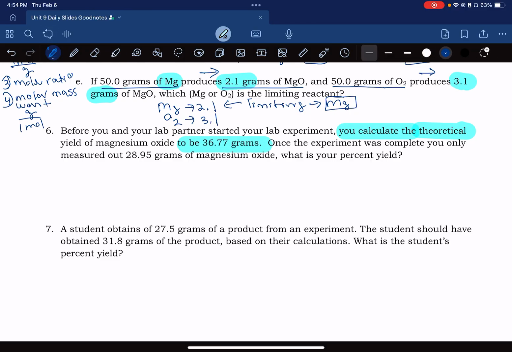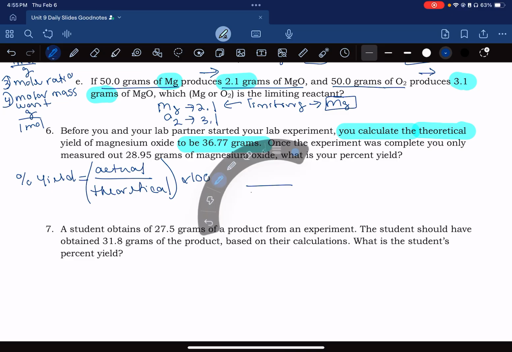So let's remind ourselves of the formula. Percent yield equals actual over theoretical, okay, in parentheses, times 100. Okay, so this one's pretty clear. It even says theoretical. This is what it is. All right, so that means that the theoretical, the 36.77, is on the bottom.